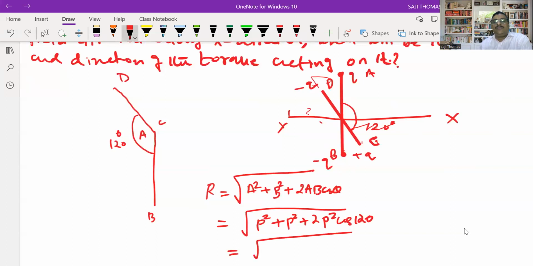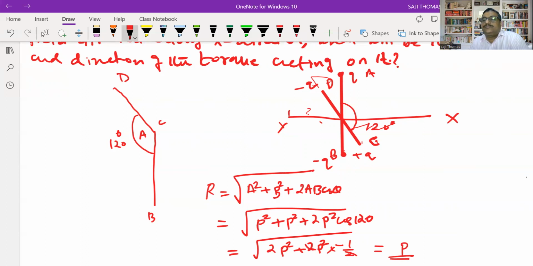What is cos 120? Cos (90 plus 30) will be minus sin 30, so minus 1/2. So the answer will be P. So this is the resultant dipole moment.